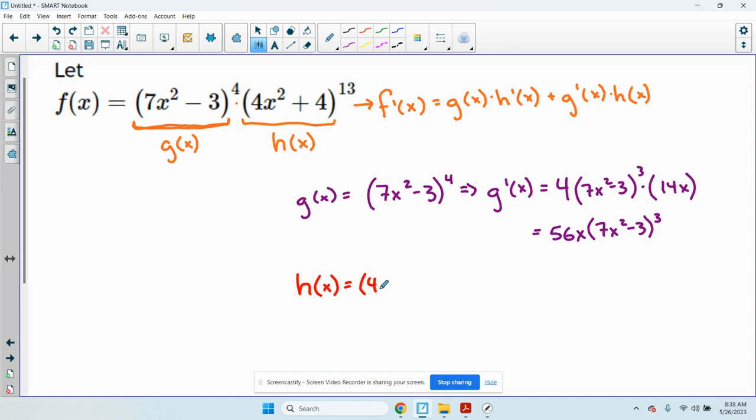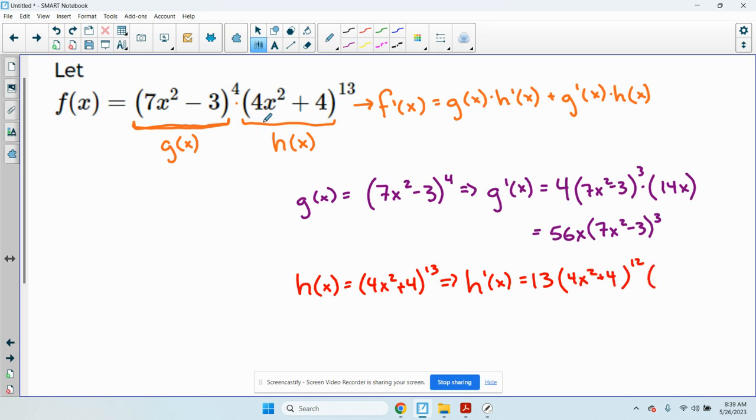h of x is 4x squared plus 4 to the 13th power. Now, if we differentiate this, we get h prime. Differentiate the outer function, 13x to the 12th, leaving the baby inside, 4x squared plus 4.